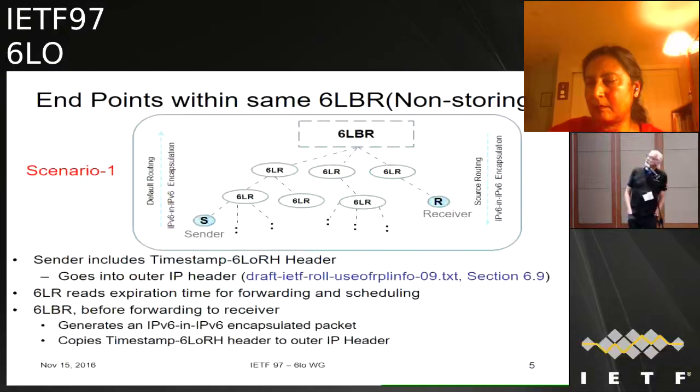If the sender and receiver are in the same network, then this is showing the non-storing case. By the way, I need to read this use of RPL info text, but basically the idea is that if you have to use some encapsulation, then you put the 6LO RH header in the outer header, and then it goes up to the 6LBR and down to the receiver, which can then detect whether or not the expiration time has been exceeded.